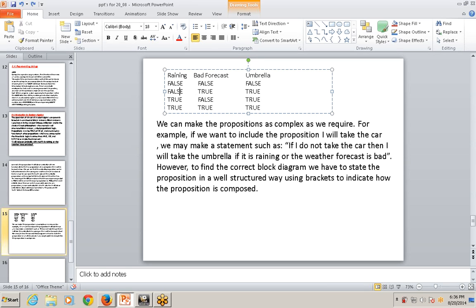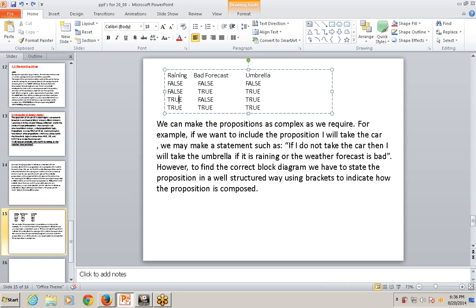Another case is that it is not raining outside, but the weather forecast is bad. This is not good weather, so it might be that rain may come, so the output is true. As I told you, if any one of the inputs is true in the case of the OR operation, then the output is true.